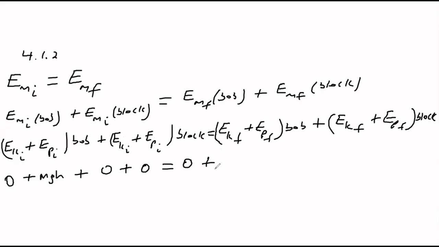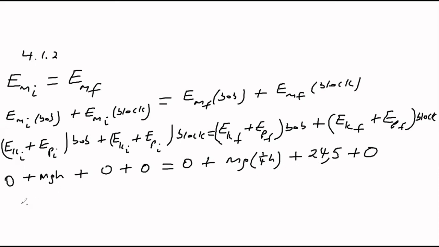Then its potential energy is mg times a quarter of the height, plus the block. Its kinetic energy, which I've calculated, is 24.5. The potential energy is 0 because it is still moving horizontally along the ground.